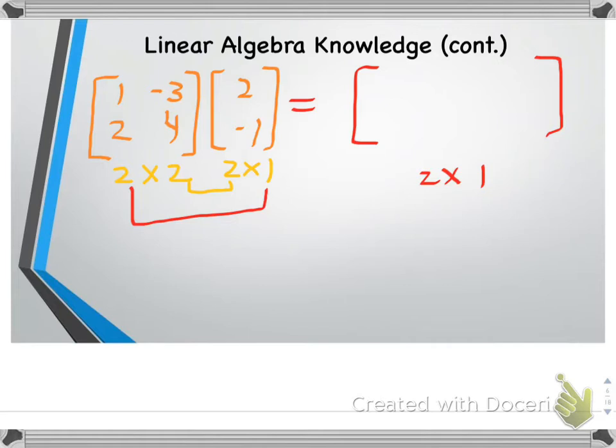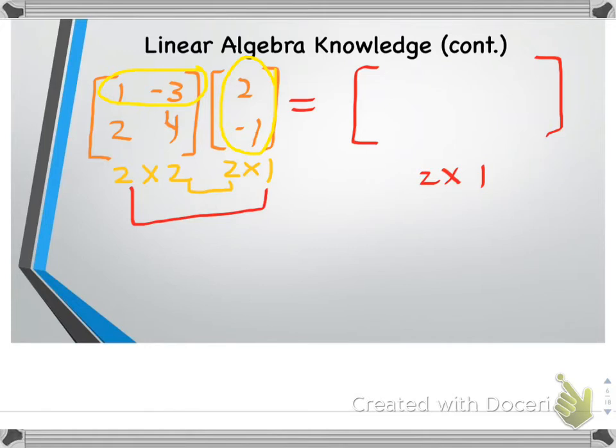Okay, and how we take the product of a matrix times a column vector is we take the first row and multiply it by the first column, and that gives us the entry in the first row and first column. You don't have to circle that. You multiply pairwise.